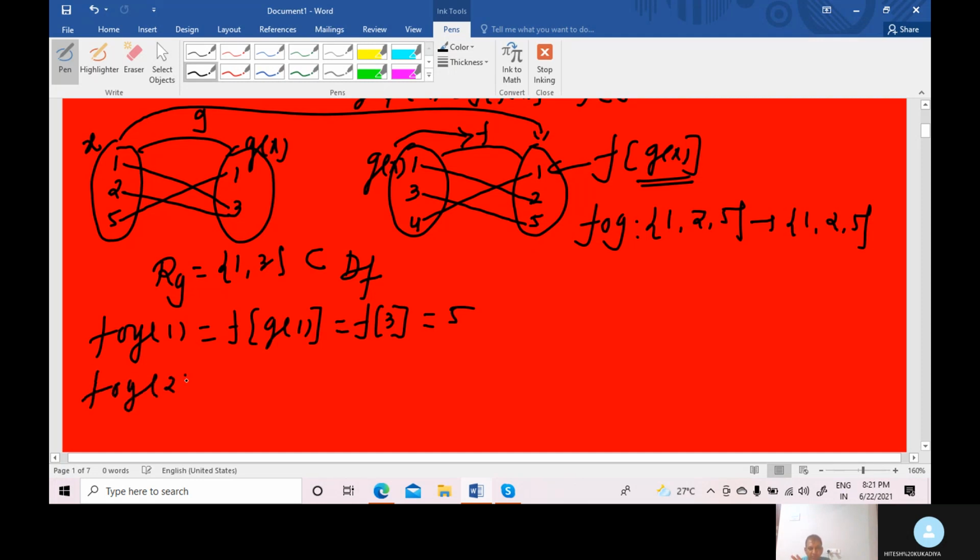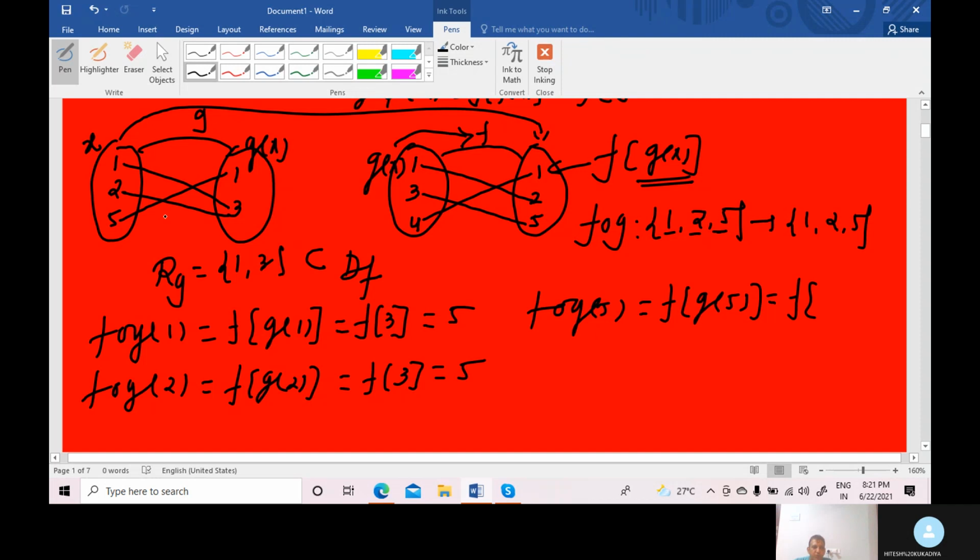Second value: (f∘g)(2) is f of g(2); g(2) is again 3 and f(3) is again 5. Now the third calculation, (f∘g)(5), is f of g(5). g(5) is 1 and f(1) is 2. Is that clear, student?